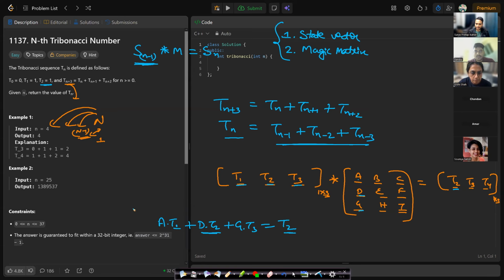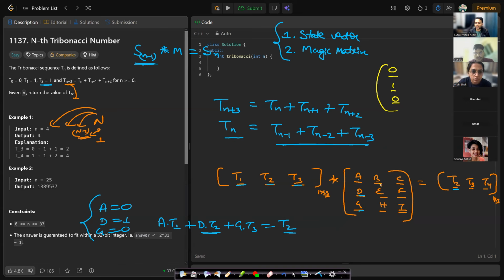So what is going on is A should be 0, D should be 1, G should be 0. If you put D as 1 and all the others are removed, then you will get T2. This is how you can compare. You can apply any kind of comparison, but I think it is straightforward. So I got 3 values for the magic matrix: 0, 1, 0.